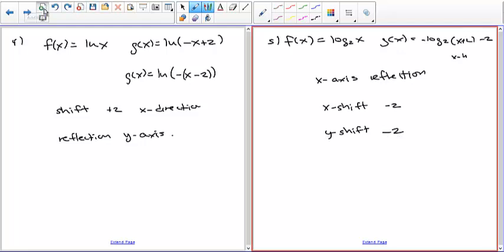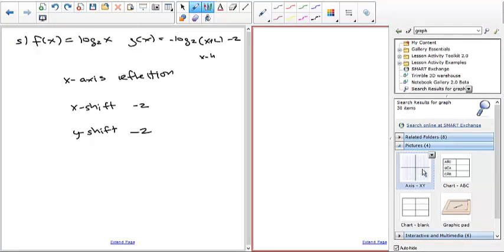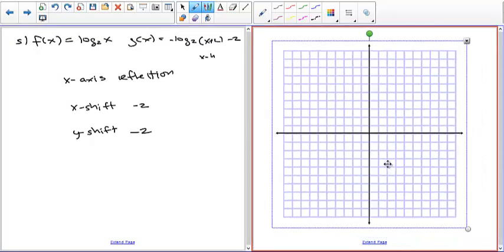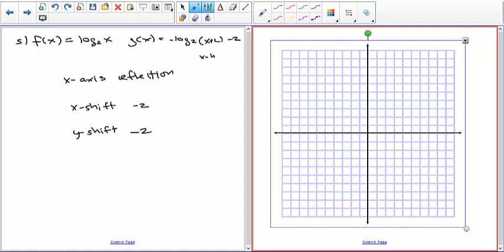So we're going to apply that information to our graph. We're going to draw the parent function, which is log base 2 of x, which I think we did earlier, didn't we? Or did we do log base 3 of x? No, I think it was log base 2.